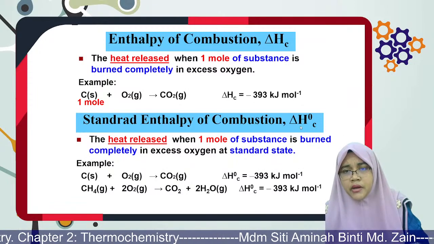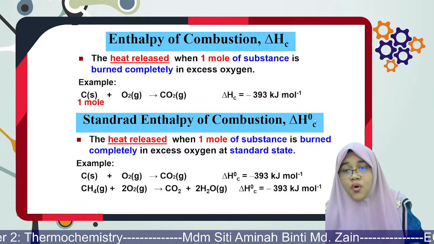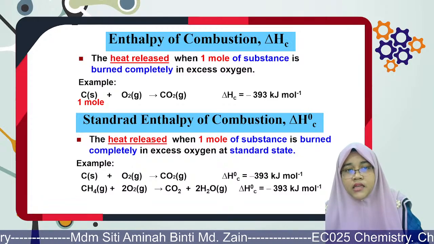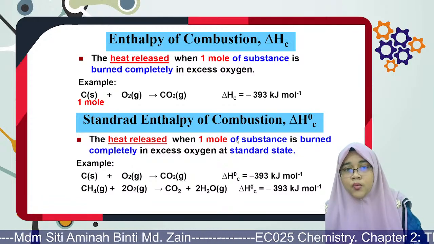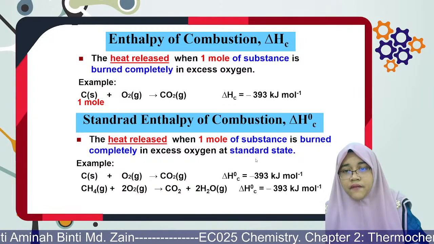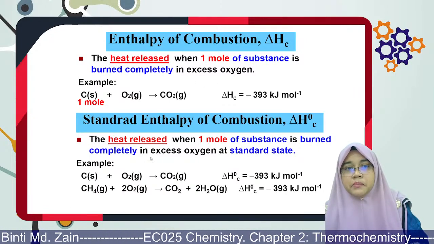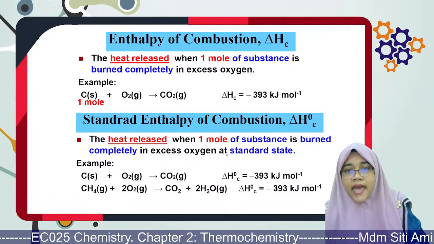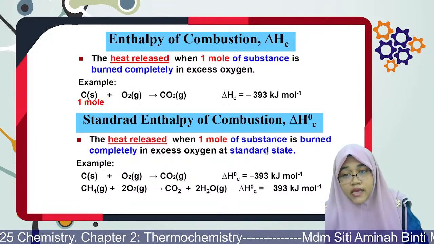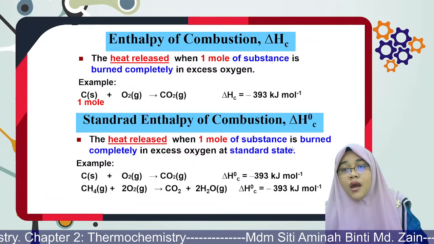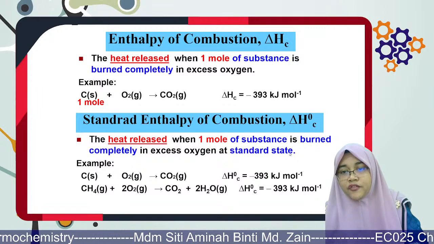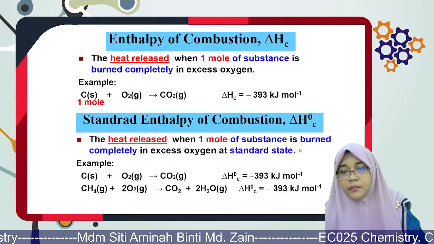If we are talking about the standard enthalpy of combustion, there is a nought here. The heat released is the same when 1 mole of substance is burned completely in excess oxygen at 298 Kelvin and 1 atm. So for the standard state you have to mention the temperature and pressure.